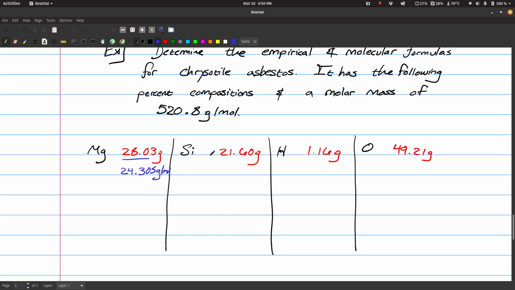That's a little tight there, but that's fine. This one is going to be 28.09 grams per mole. This is 1.008 grams per mole, and this is 16 grams per mole. Alright, so we're just going to plug all these into the calculator, and we'll get how many moles we have underneath.